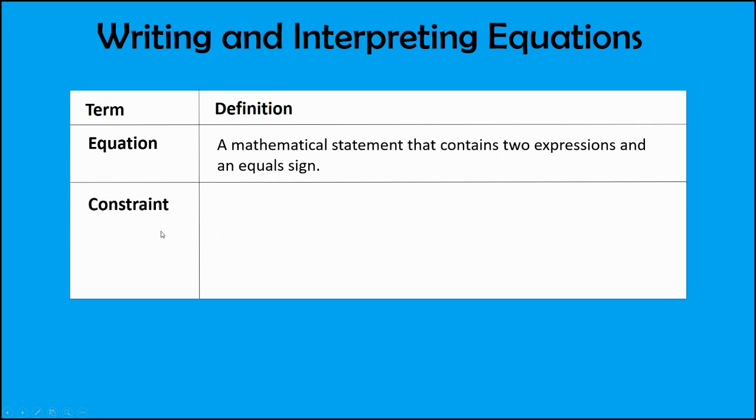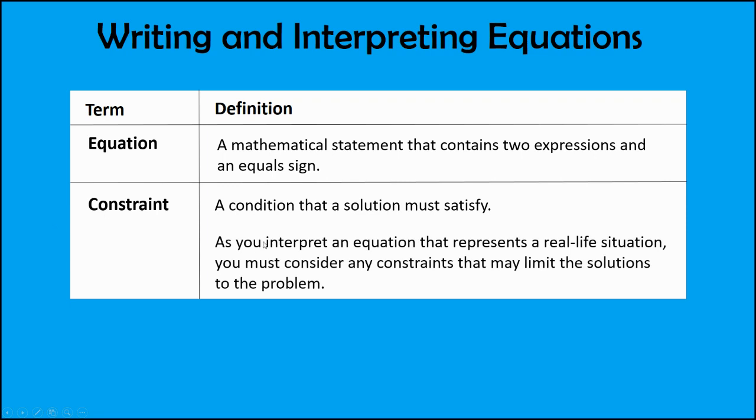Okay, whenever they talk about a constraint, a constraint is a condition that a solution has to satisfy. So when we're working with equations, we have to think of possible constraints. And typically, guys, this is when we deal with a real life situation type equation. Then we've got to think about what constraints there are. And this can be a variety of different ideas.